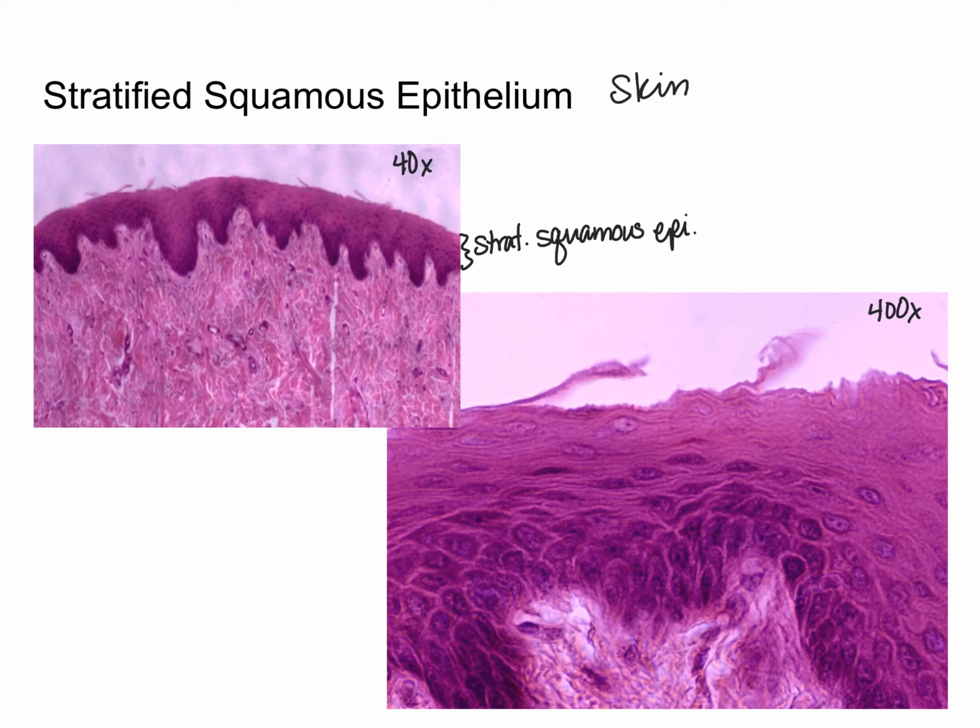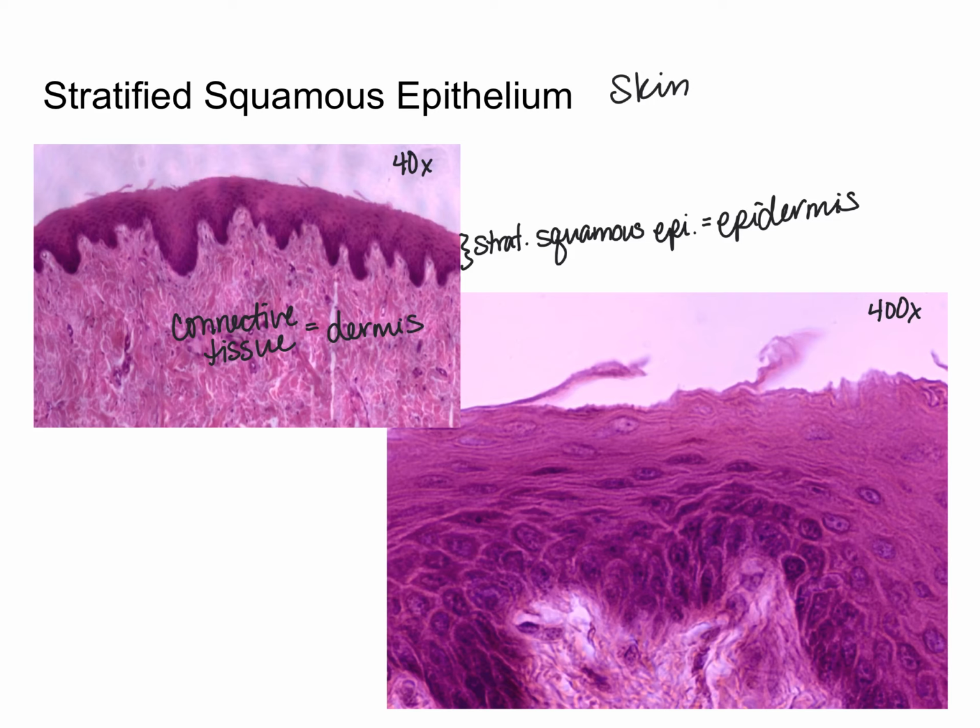And this lighter pink area here would be the connective tissue. And so in this particular picture of the skin, remember this stratified squamous epithelium is going to be the epidermis. And this connective tissue is going to be the dermis.